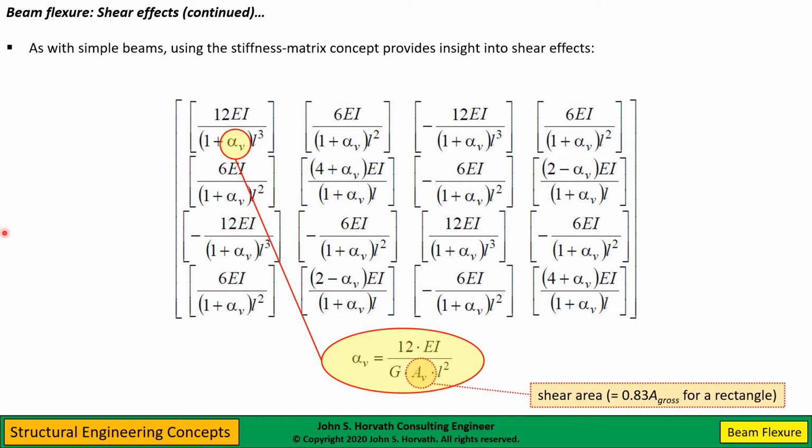And we see here, because the shear effects are mostly in the denominator, they tend to make these terms smaller, which reduces the stiffness. That's why I say, in general, this really shows the power of the stiffness matrix concept, because when you see how making some change, in this case adding shear effects, it really jumps out at you how those things affect the stiffness of the flexural member.